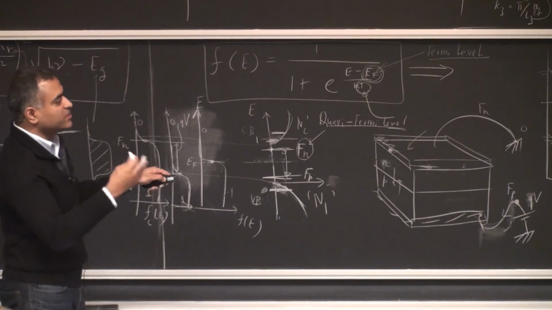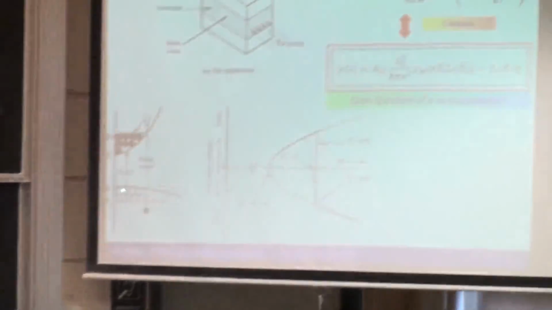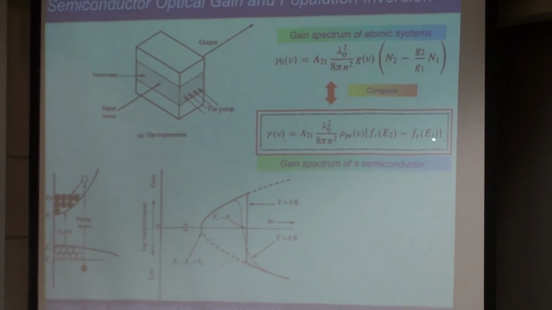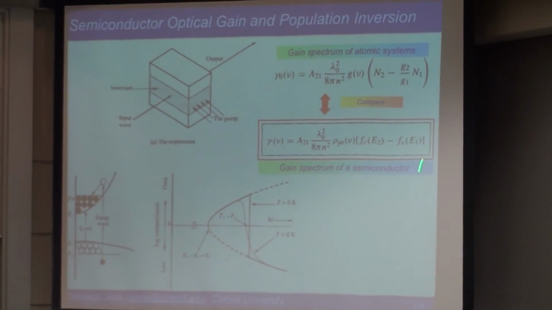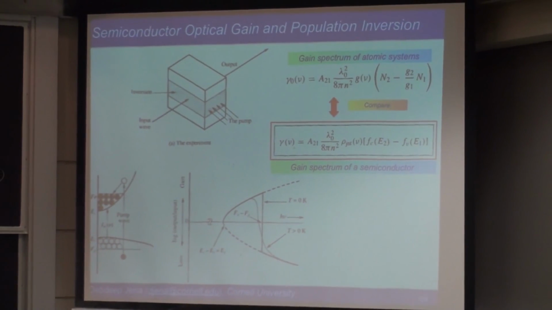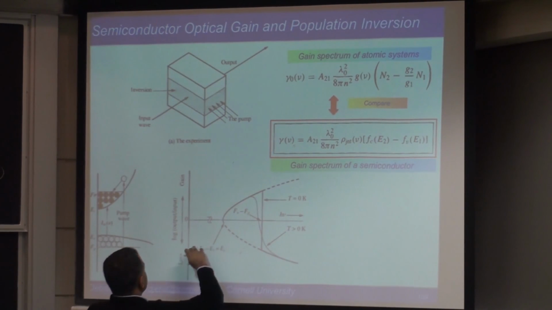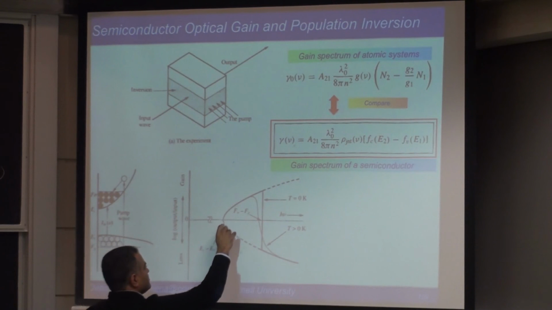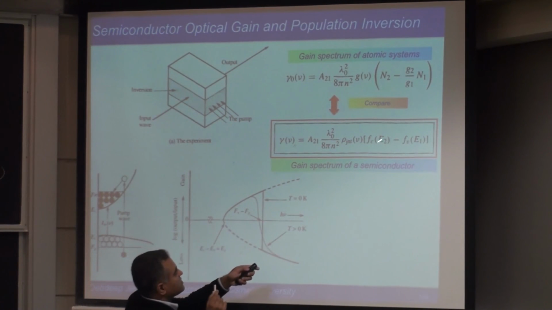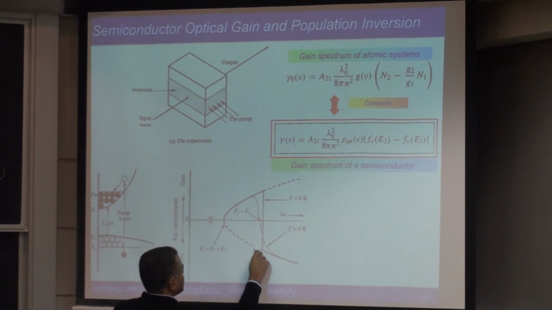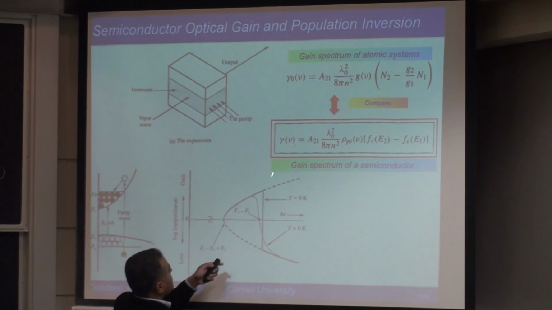The conduction band gets occupied, and in the valence band you pull out electrons from here, and this becomes 0. So you get 1 minus 0, and that's when you actually have gain. And when I'm in equilibrium, this is 0, that's 1, so I get negative values. That's the plot of the gain spectrum.